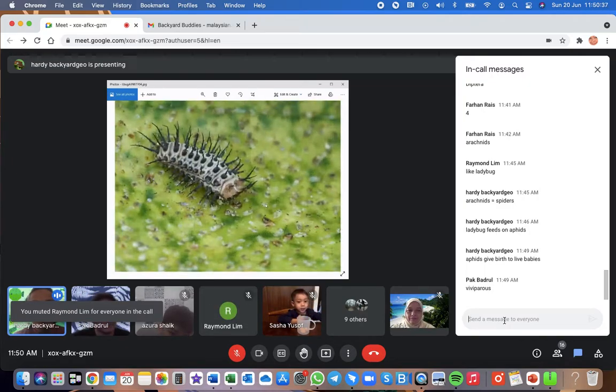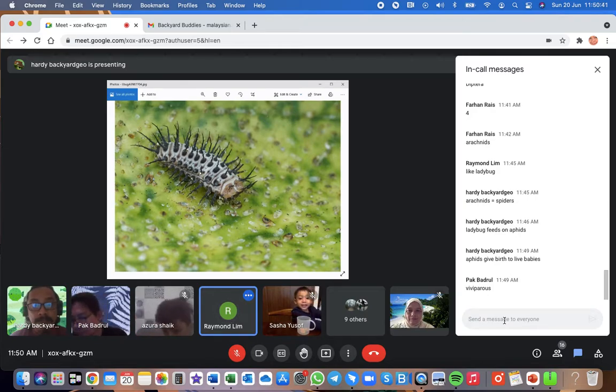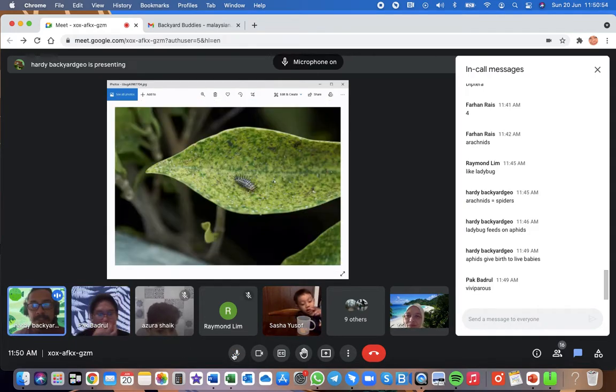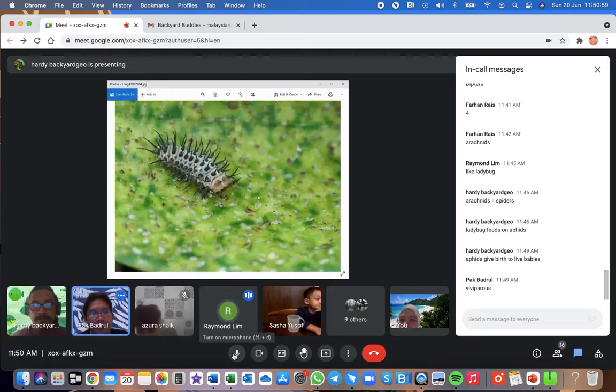Alright, next one. What do you think this is? That ladybug we saw earlier, this is another baby of the good ladybug. This is a larva.